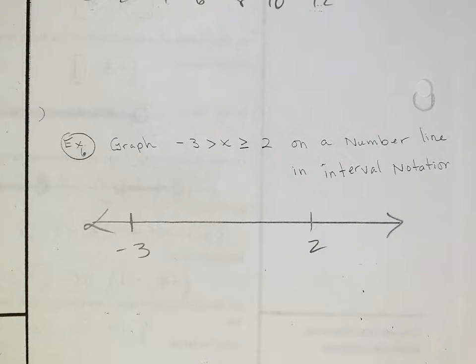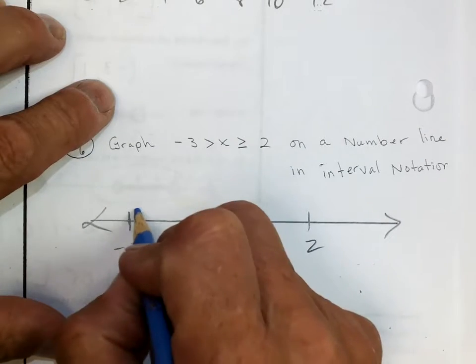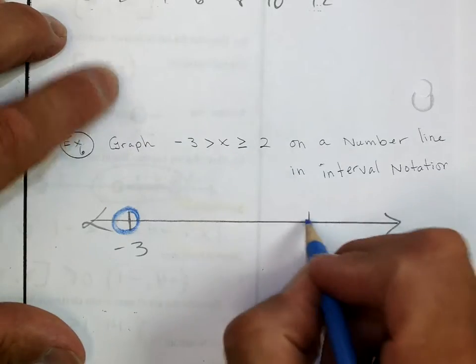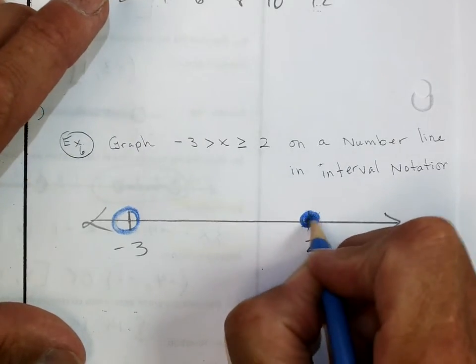Do you see an equal sign? There's no equal sign there, so I'm going to put an open circle here. I'm going to put a closed circle there because I do see a little equal sign. So it says, see negative 3, but it doesn't equal negative 3, but I see the 2, and it does equal 2. So for sure I'm going to do this. Okay, so I'm going to go open circle there. Go closed circle there. Okay, everybody good?